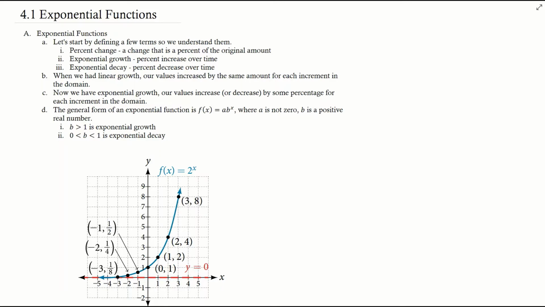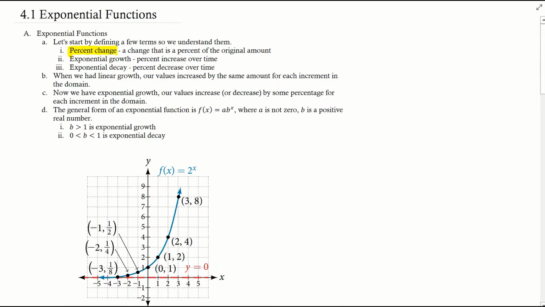So, what is an exponential function? Well, an exponential function is probably a graph that you are familiar with, as you can see the graph here. There are a couple words that we are going to need to get into. Percent change is one word we need to go over.